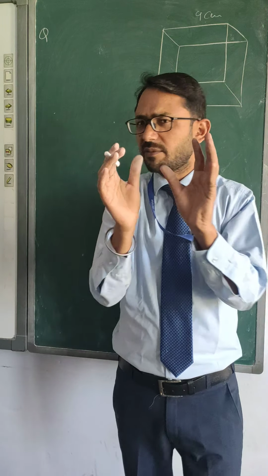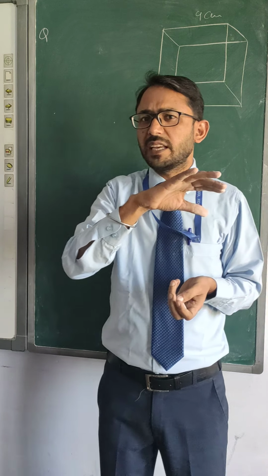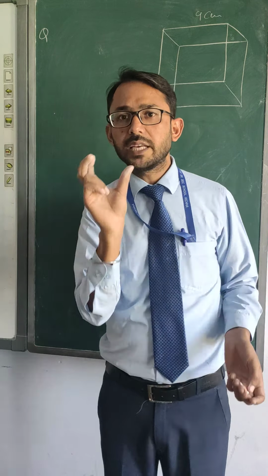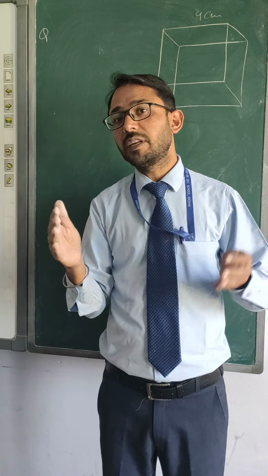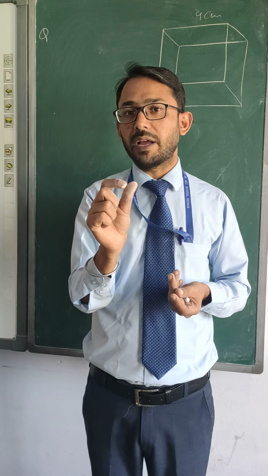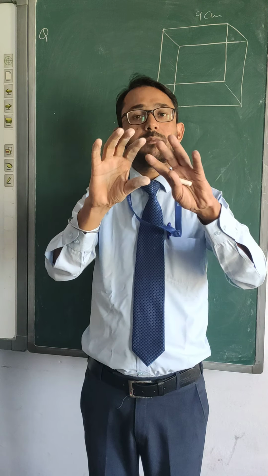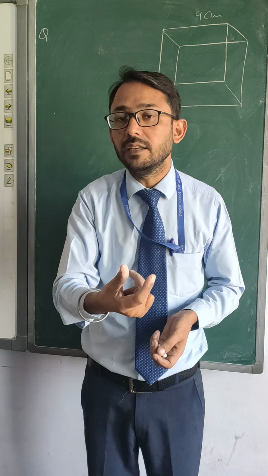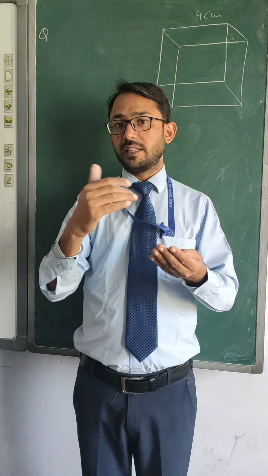Keep in mind this is somewhat like a big-size butter, 9 centimeter by 9 centimeter, and I want to keep small pieces of it at my home so that it is used nicely and wisely.